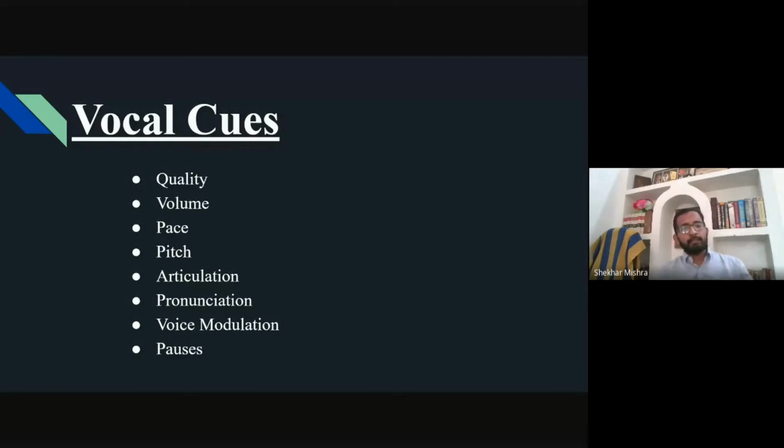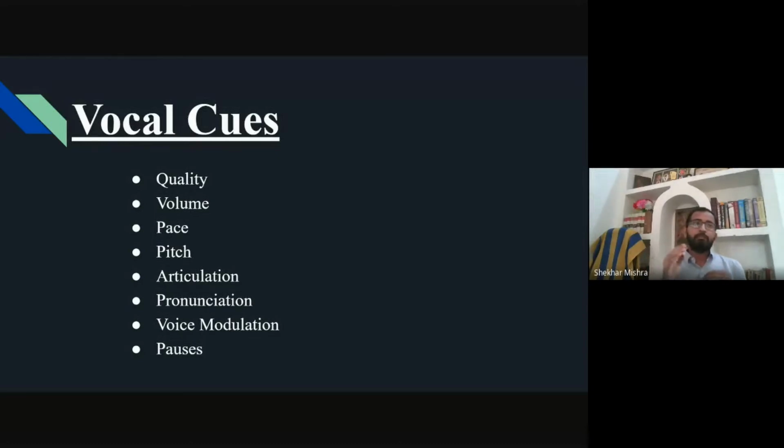And now pace. Generally, people speak 82 to 50 words per minute, and a good speaker speaks 120 to 150 words per minute. So you have to train yourself, like the quality and volume. You have to train yourself to keep pace with the audience.